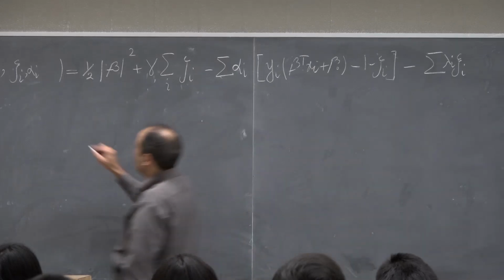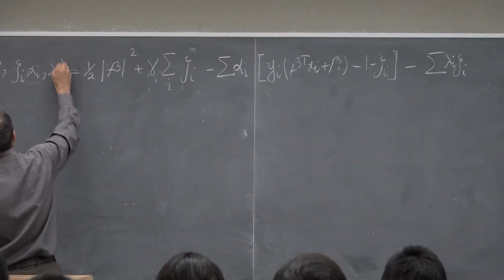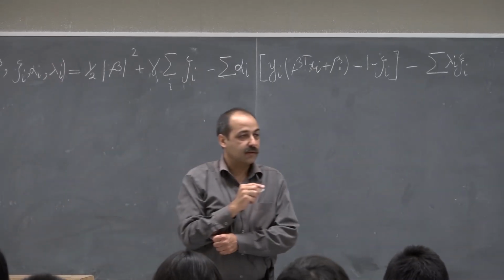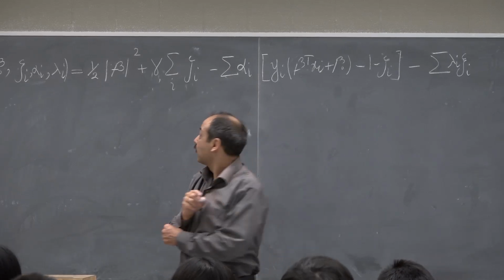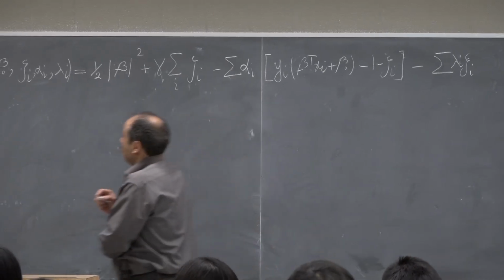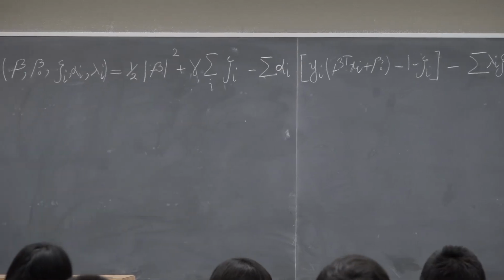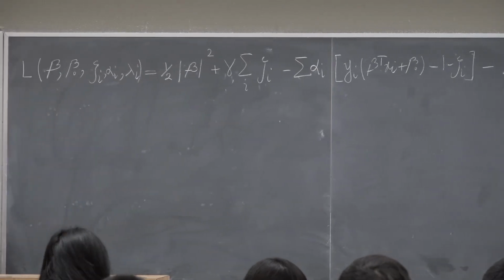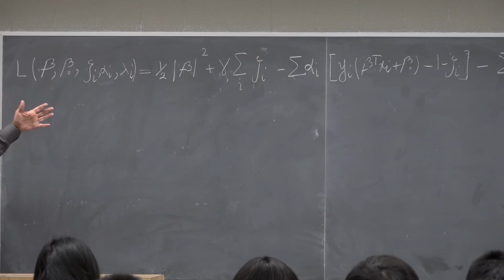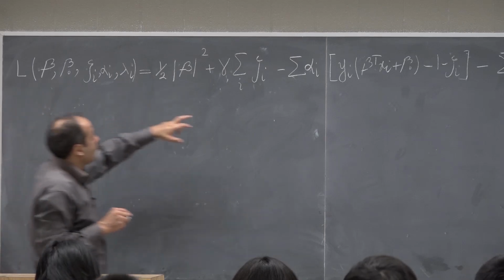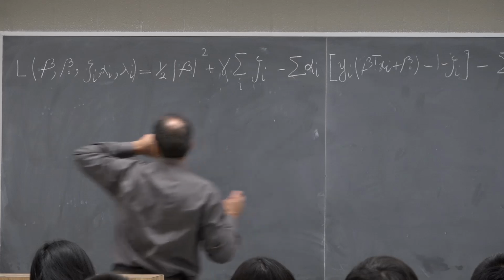So this is another dual variable that I need here. Okay, that's my Lagrangian, and I have to take derivative with respect to primal variable. As usual, set it to 0.